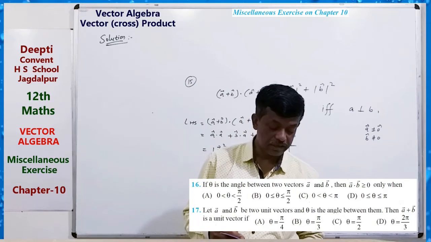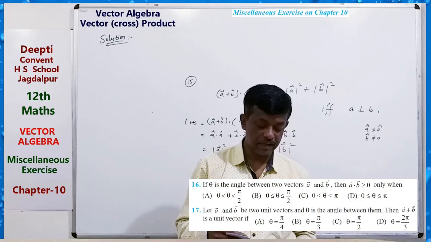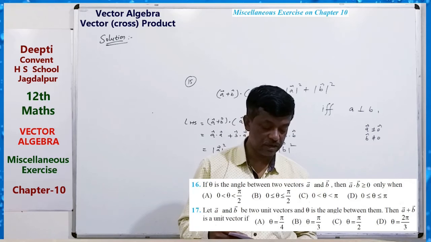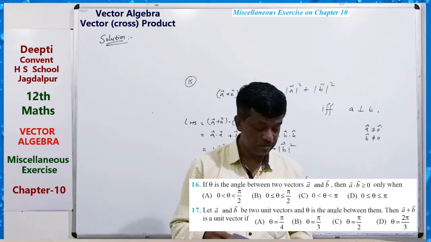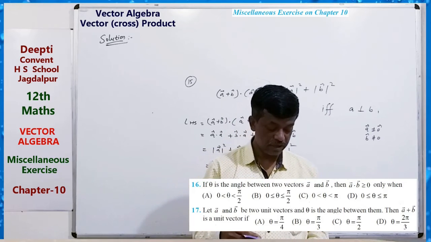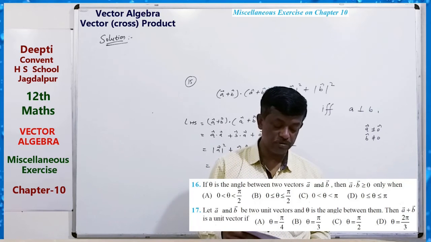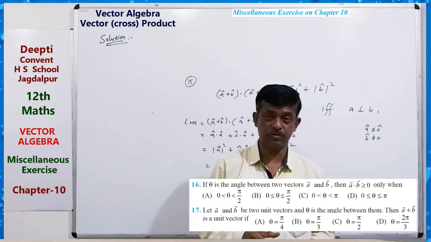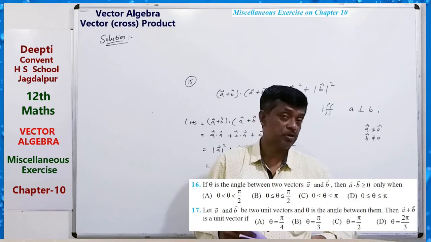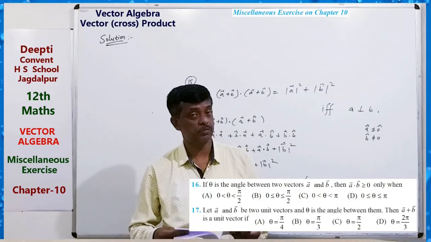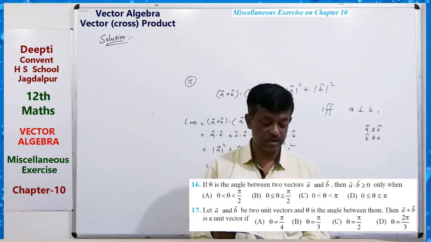Okay. Now 17. A and B are two unit vectors, theta is the angle between them, and A plus B is a unit vector, so |A + B| equals 1. Squaring, the square of the vector A plus B means (A + B) dot (A + B). Just solve it: |A|² and |B|² are 1 each since they are unit vectors.